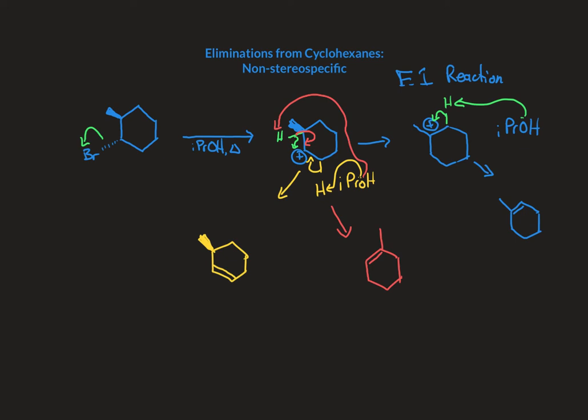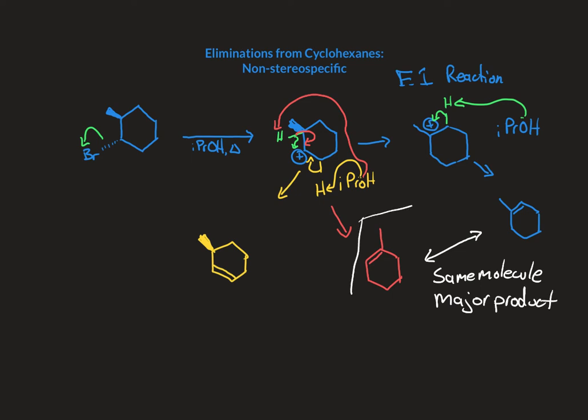And notice that these two products are the same molecule. I can form it two different ways. And it's a trisubstituted alkene, so these are the major product of this reaction. So E1 reactions are non-stereospecific or non-stereoselective, and they are going to form the most stable alkene or the most substituted alkene in most cases.